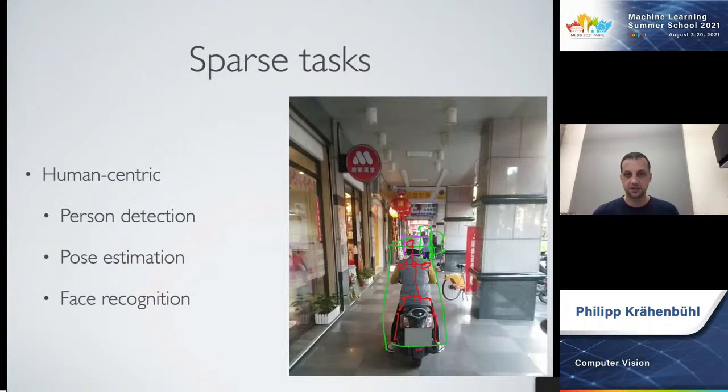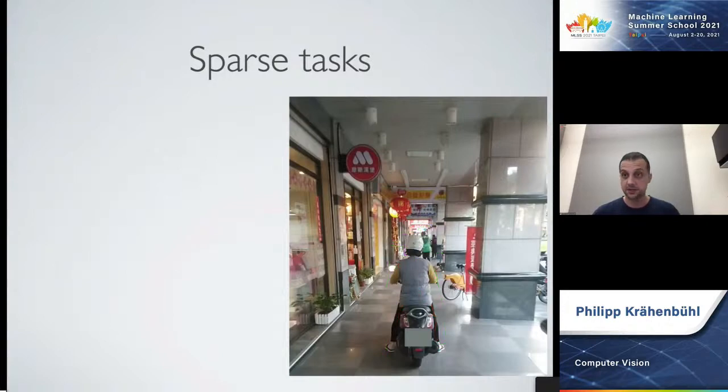Another set of sparse tasks is more object-centric, and by far the biggest here, actually the biggest task in computer vision overall right now, is object detection, where you're trying to localize and categorize all objects in a scene itself. Humans are often also counted as objects.